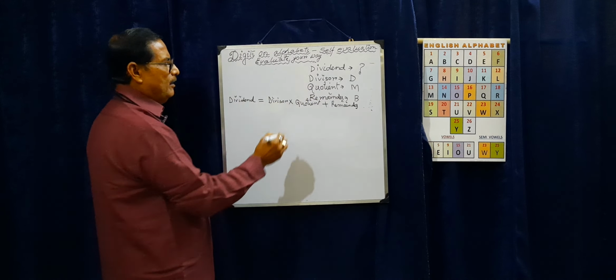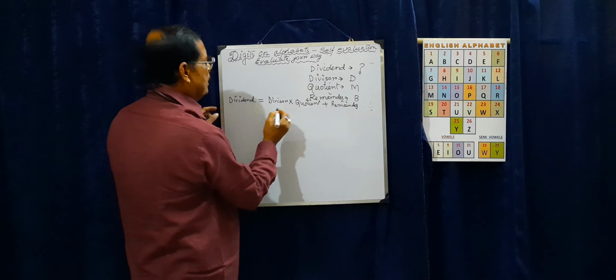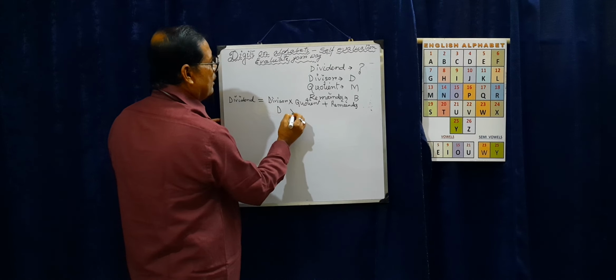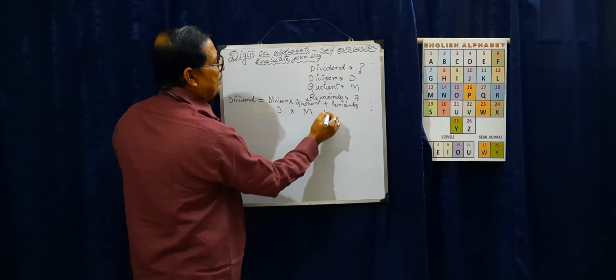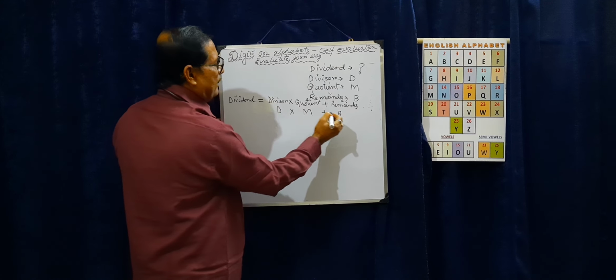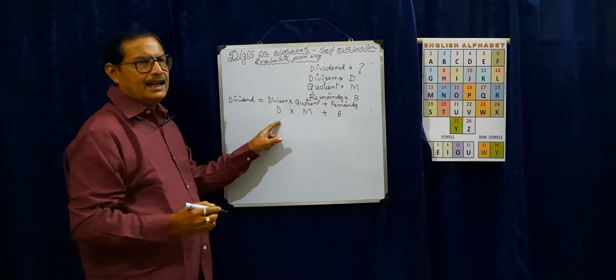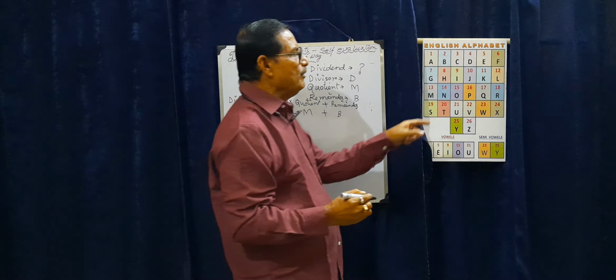Now we will put, what was the divisor? Divisor is D, quotient is M plus remainder is B. Now let's see, this letter D is representing which digit?